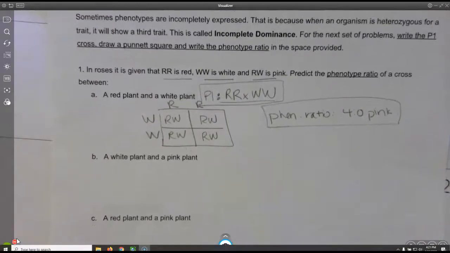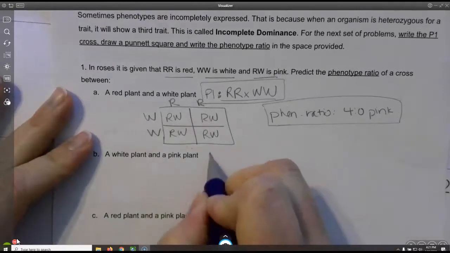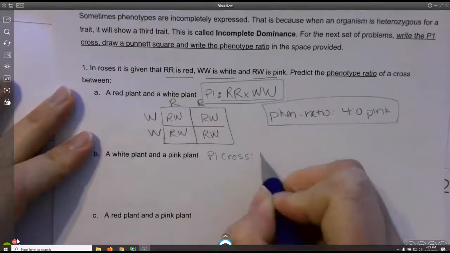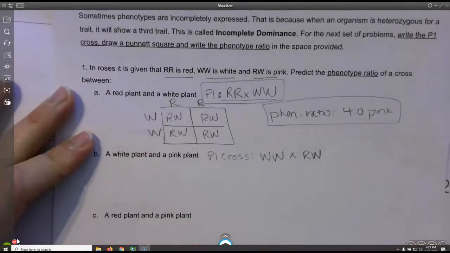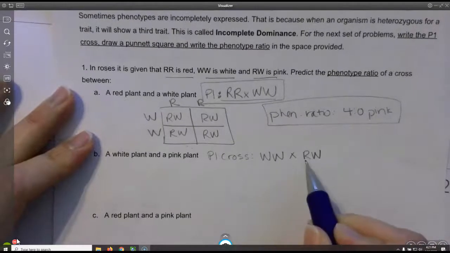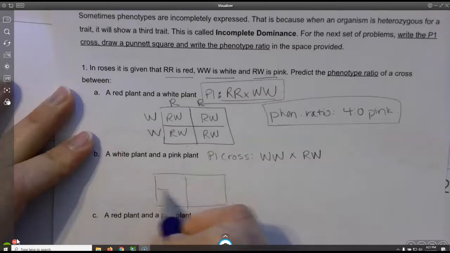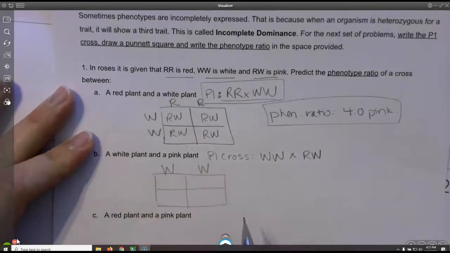All right, let's look at B. We're using the same R's, W's, and RW's. Our P1 cross for this one is a white plant and a pink plant, so we're going to have big W, and big R, big W. Make your Punnett square. Put parent 1 on the top, parent 2 on the side.